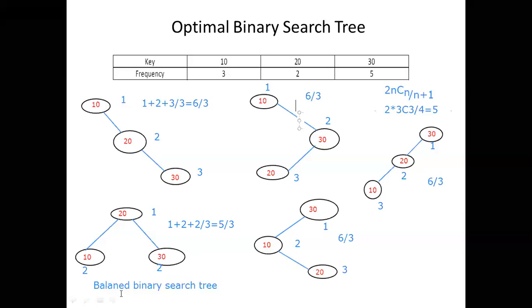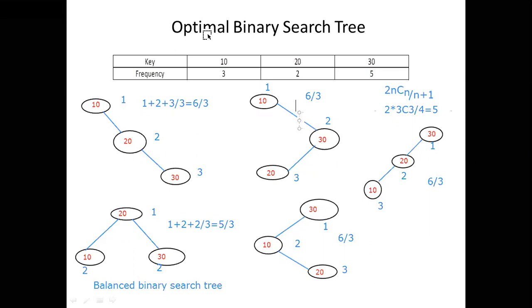The reason here is, compared with all the average numbers of comparisons, this value is smaller. That's why we will call it a balanced binary search tree. I hope it's clear with that explanation.